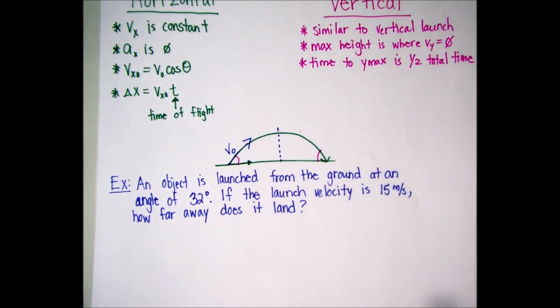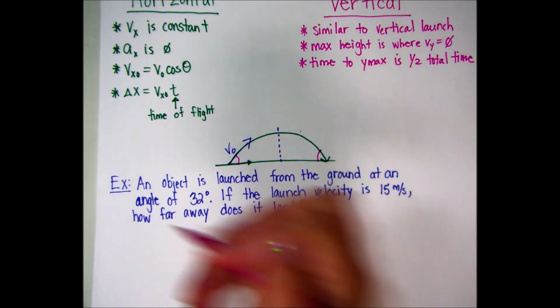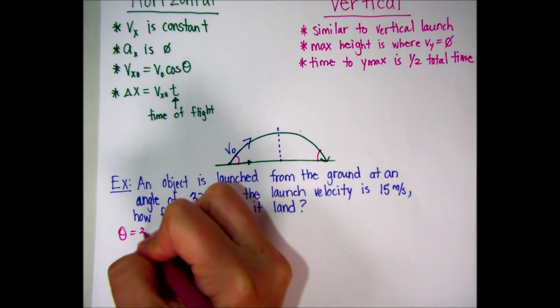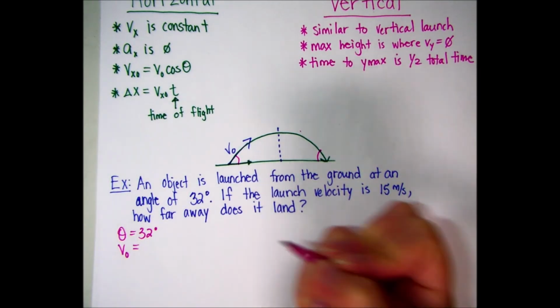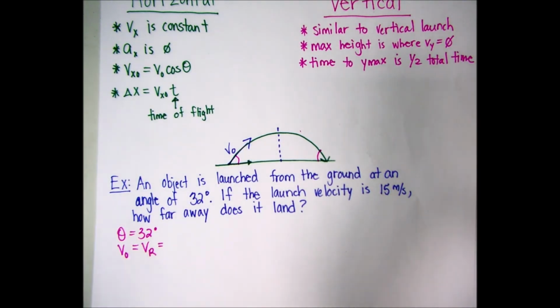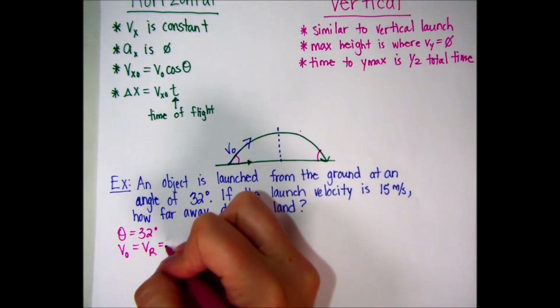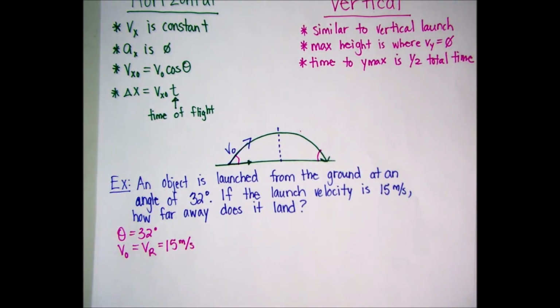That way I can determine what I am missing. So some givens to me: theta, the angle which I launched at, and my launch velocity. If you don't like Vo and you want to call it Vr to remember that it's the hypotenuse, that's totally okay. Whatever is easiest for you. It's the same thing in my book.